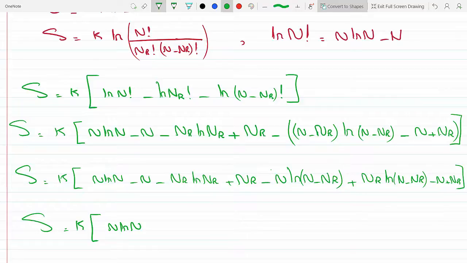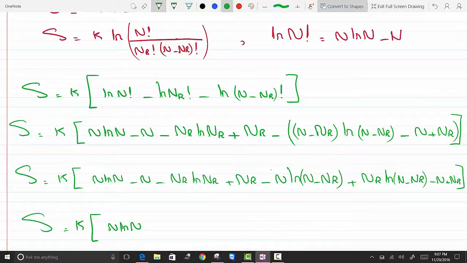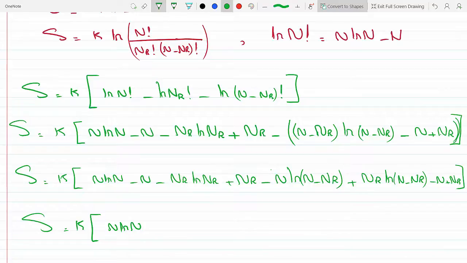The signs here switch because I have a bracket. I have another bracket. So these two terms will go away. These two terms will go away.